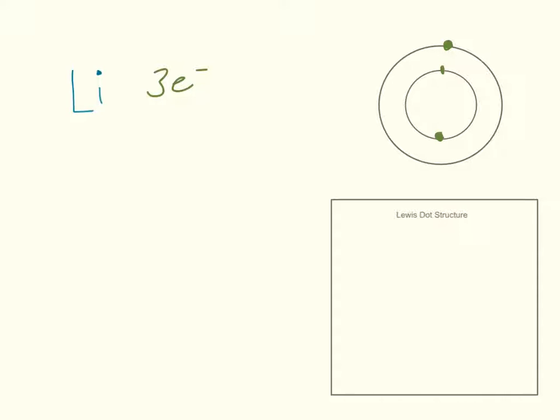This is where n is equal to 1, and this is where n is equal to 2. Remember, that's the principal quantum number. So the electron configuration is 1s2, because there's 2 electrons where n is 1, and then 2s1. The Lewis dot structure only deals with the valence electrons, so we would just write Li and then put a dot next to it.